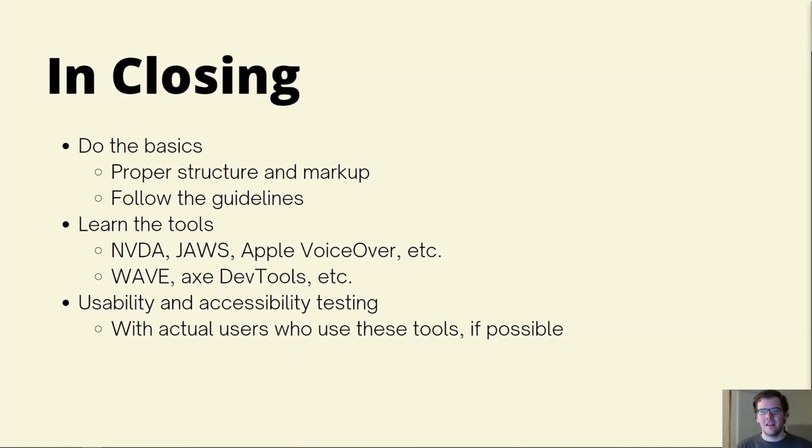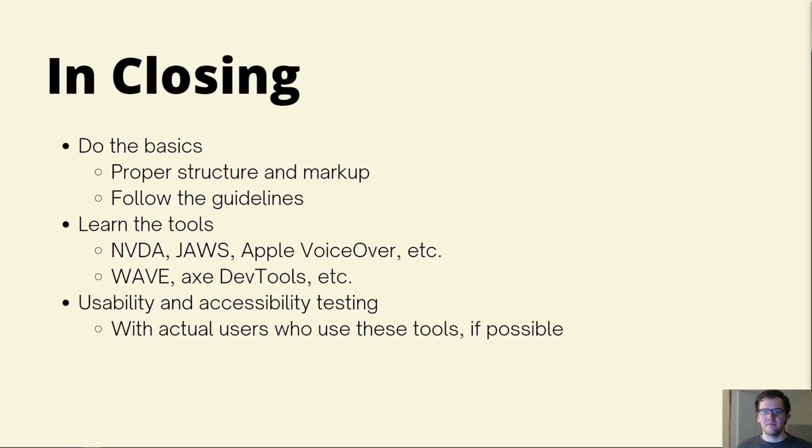So in closing, for those of you out there building or maintaining web apps, I would say you should make sure that you're always thinking of accessibility as part of the core design, and it should be a main part of any new application, for example. And do the basic stuff, make sure you have proper markup and a good structure, and you're following those guidelines.